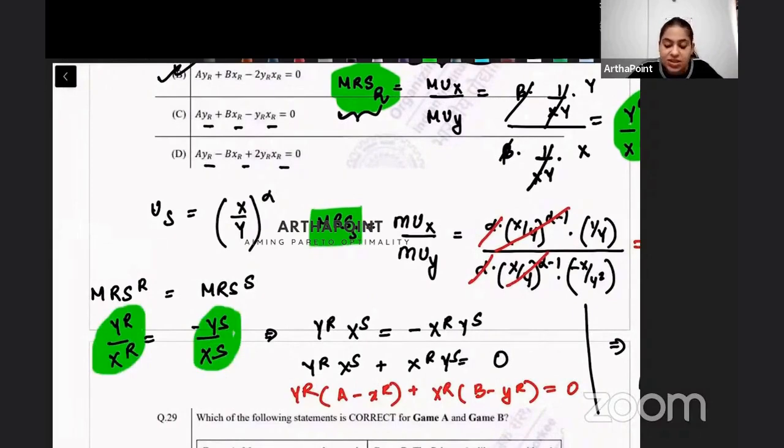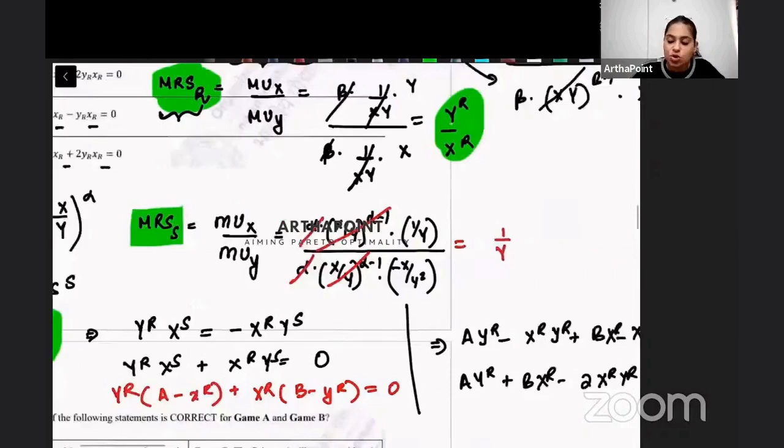Which means the slopes are a function of y by S. So this is fine for us, right? The way the slopes have come up is fine. This is the only way to solve these. These are continuous functions, neither substitute good functions nor perfect complementary good functions. So I am able to use the MRS A equal to MRS B concept, right?